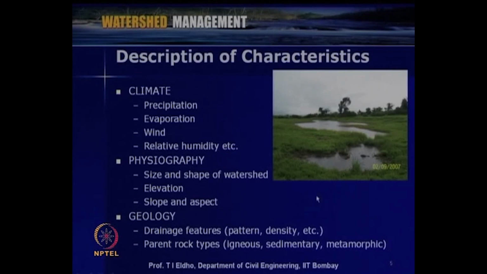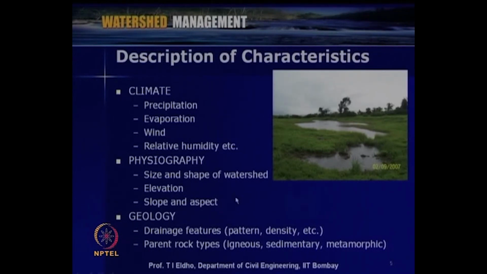Within the watershed, the elevation and the slope change from one location to another location. According to elevation we can identify the contours of the watershed, and then see various parameters related to that.